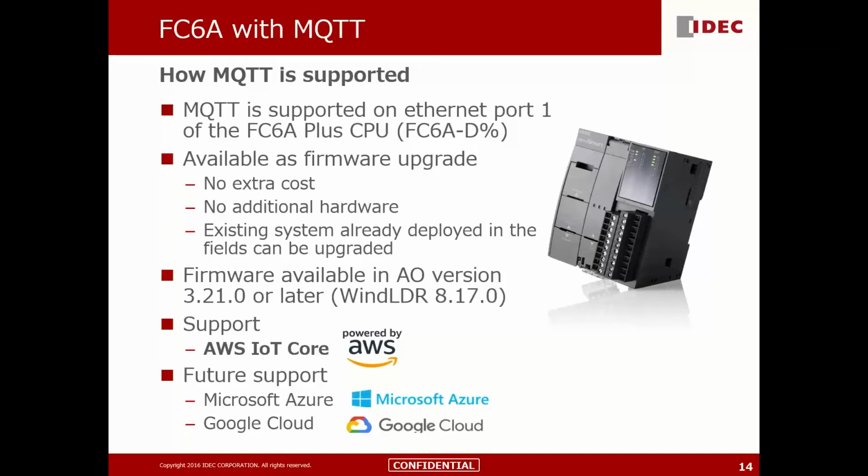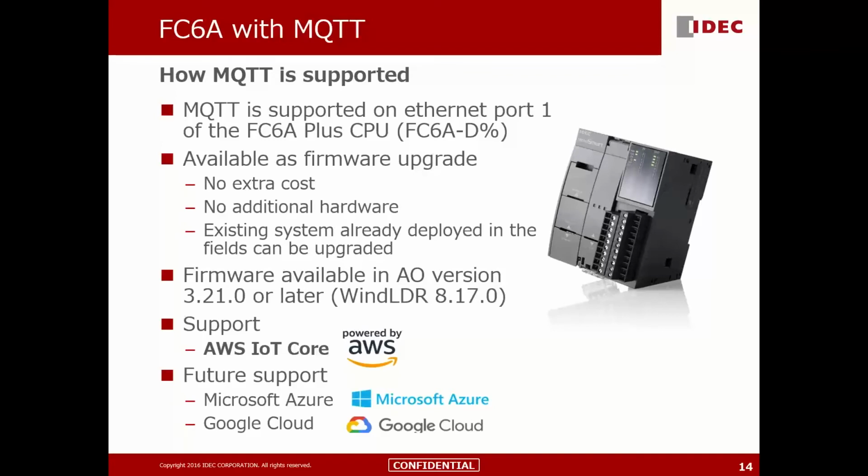rollout, we will only support Amazon Web Services IoT Core. Okay, we cannot say just AWS because AWS itself has a lot of services, and I will show you later on what I mean by that. So the specific service that we will support is called IoT Core. So this is basically for IoT devices.